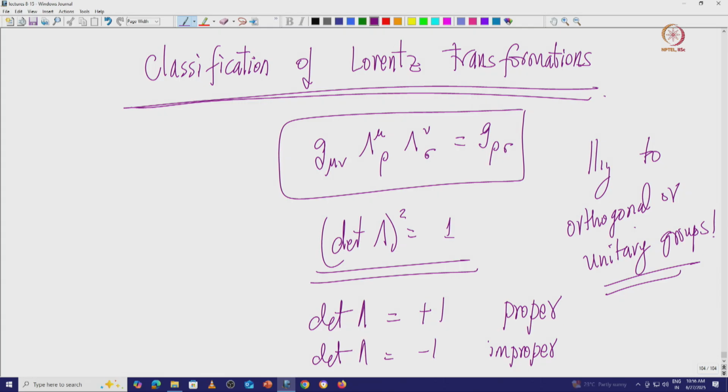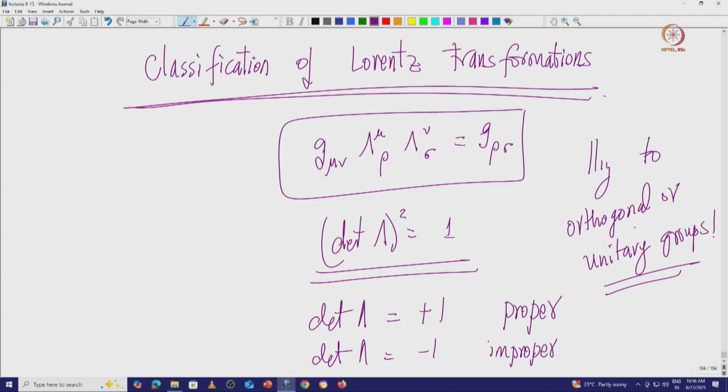Now there is also, and this is important, a condition on orthochronous or non-orthochronous transformations. So where does that condition come from?